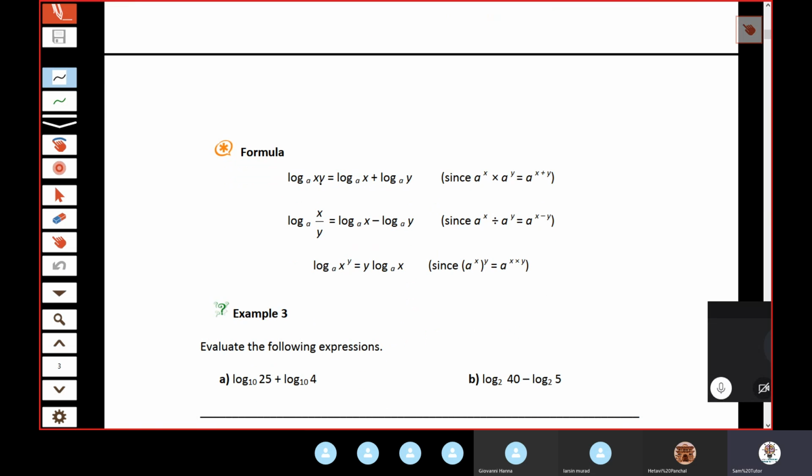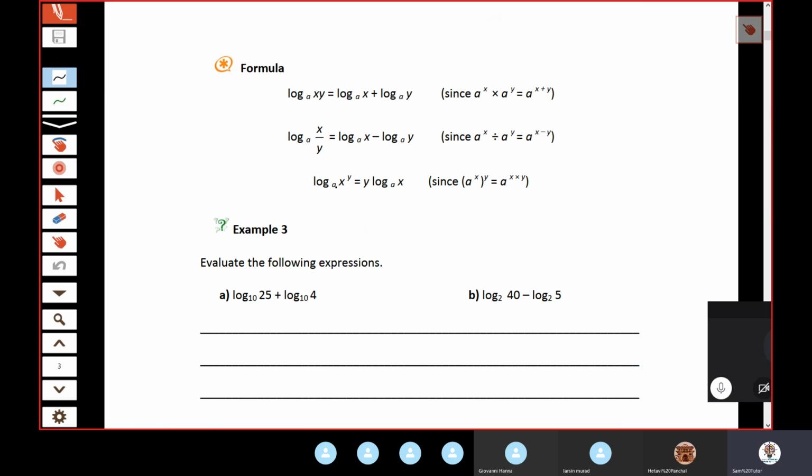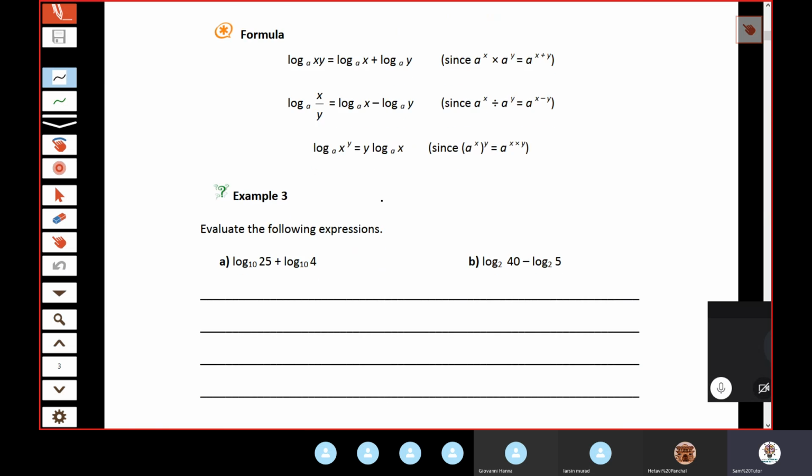Log x, y, when they're multiplied, you can add your logs. Log x on y, when they're divided, you can subtract your logs. And then log x to the power, you're allowed to bring your power down as long as it's logged. Don't forget that.